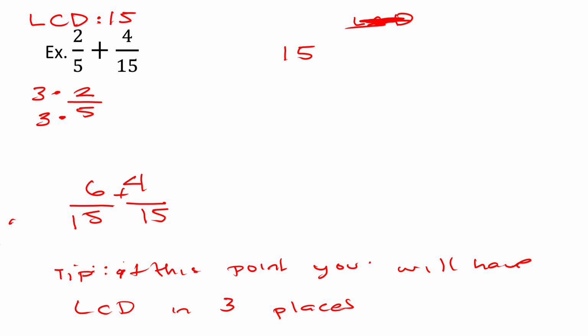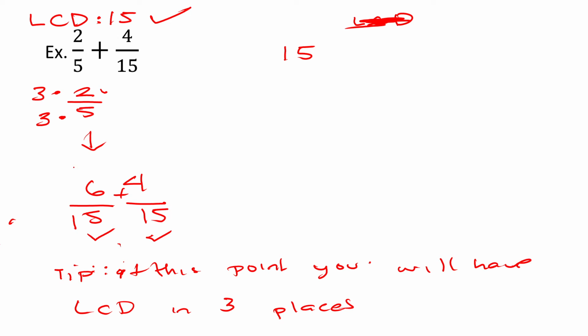So at this point, your LCD should appear in 3 locations. The first location is right here. The second location is on the fraction, and then right here. This is not counted. So right now, your LCD should appear at least in 3 places, at the top and the very bottom.